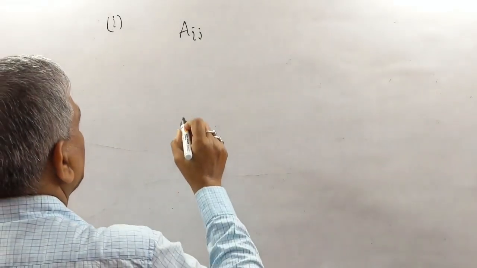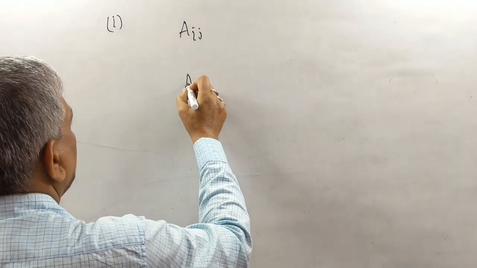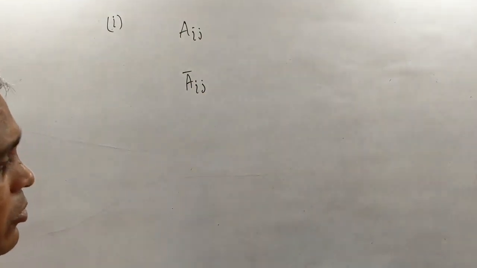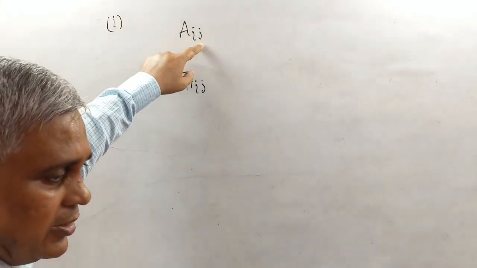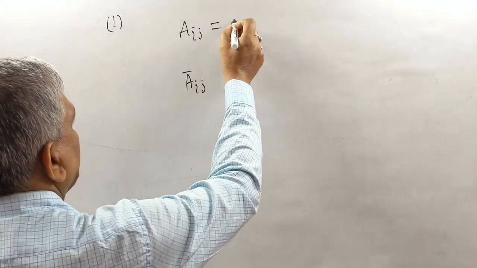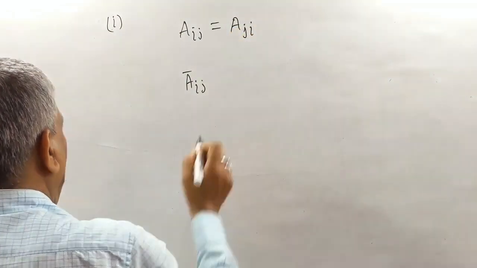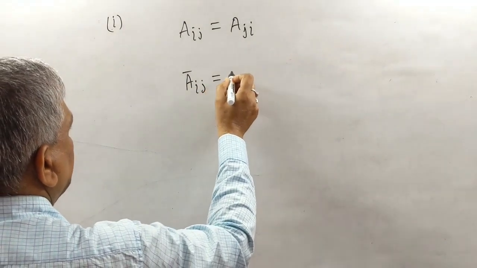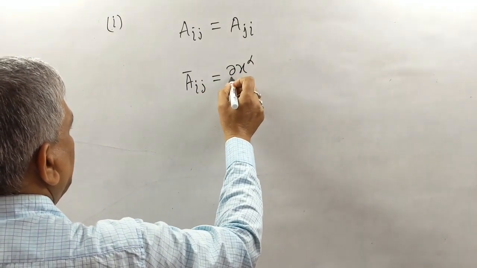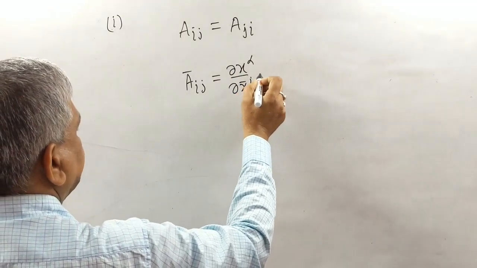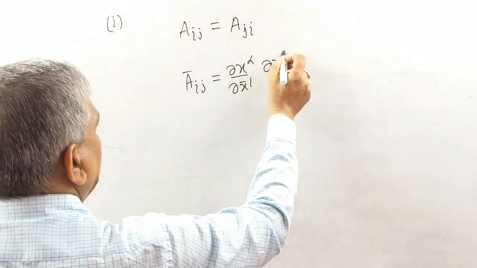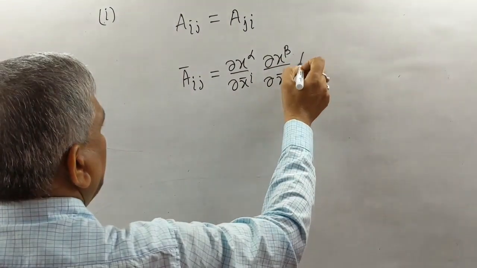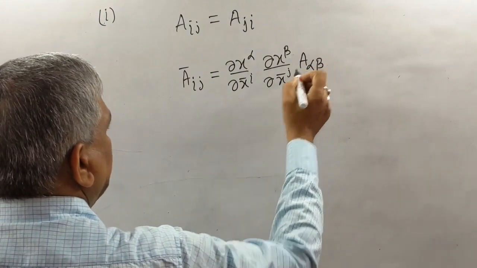Its corresponding value in X bar system of coordinates be A bar ij. We consider Aij be symmetric, then Aij equal to Aji. According to the tensor law of transformation, A bar ij equal to del x alpha by del x bar i, del x beta by del x bar j, A alpha beta.